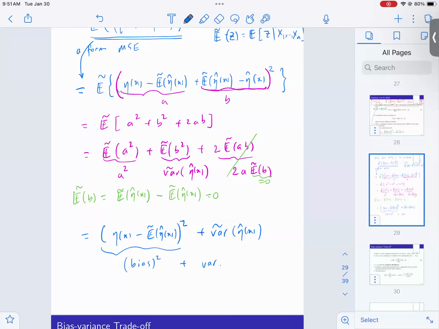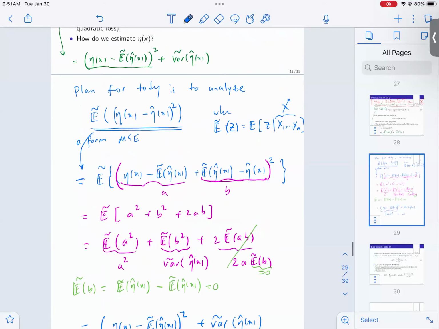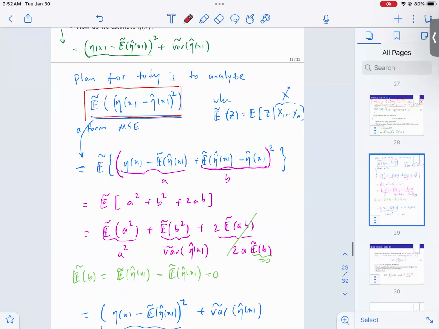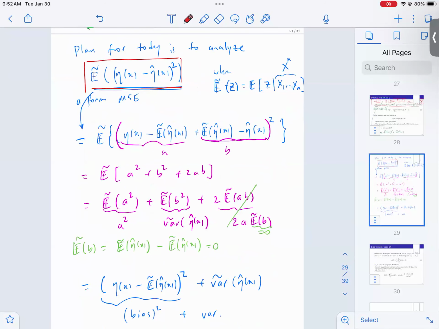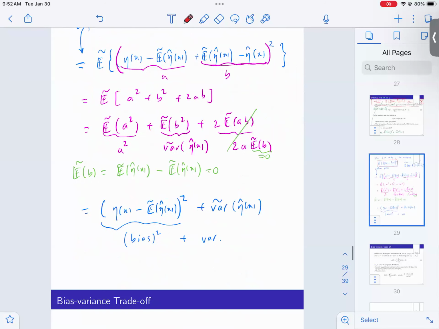So if you want to analyze the quantity of interest, which is this guy for us, it's a form of MSE: how close eta hat is to eta x. I just have to worry about the variance, so how much eta hat x varies and how much it deviates from eta x, squared. Okay, so this is fairly general, it works for any estimator at this point.